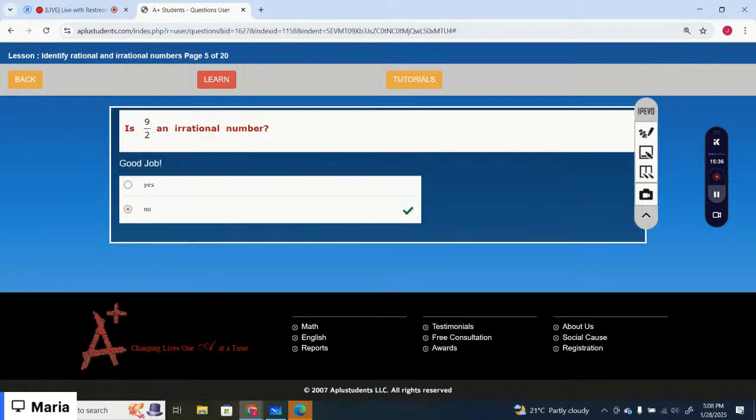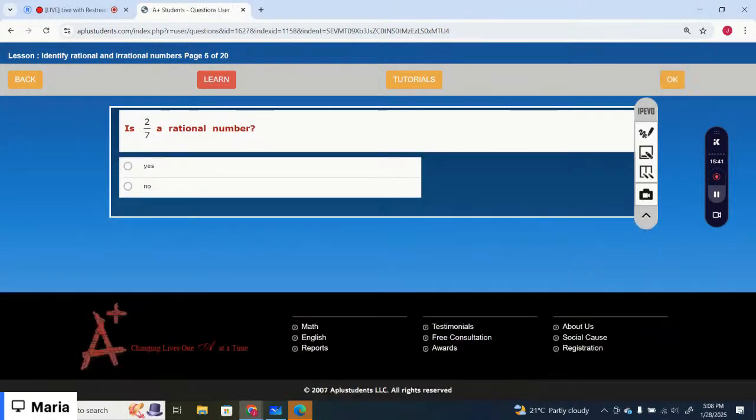The correct option is no. Is 2 by 7 a rational number?